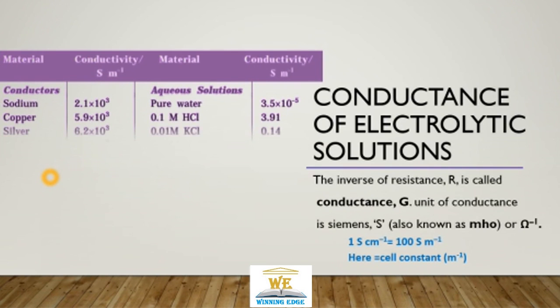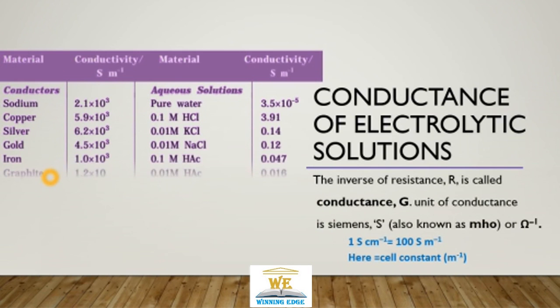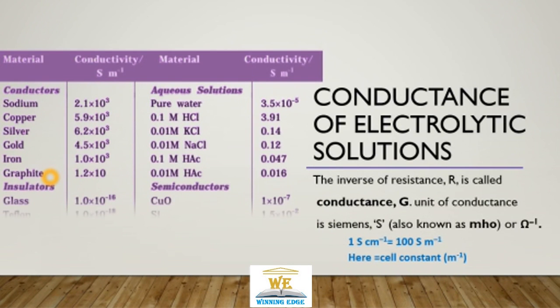Let's see certain conductivities of different materials, metals and solutions. Here we see the conductivity of sodium, gold, silver and copper. Among these metals, silver has the highest conductivity, and copper, which we use for all our electrical applications, has a little lower conductivity compared to silver, but still significantly higher than all other elements.